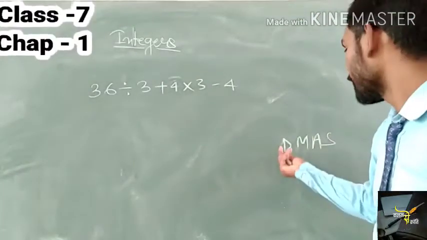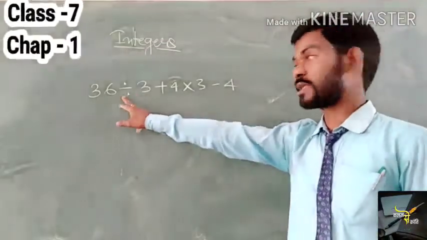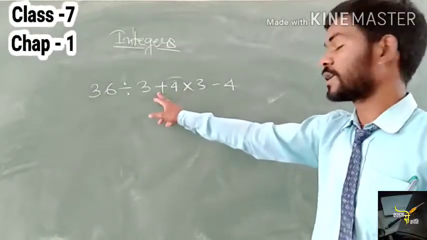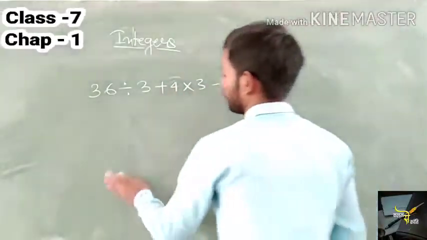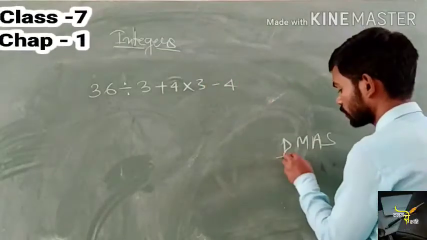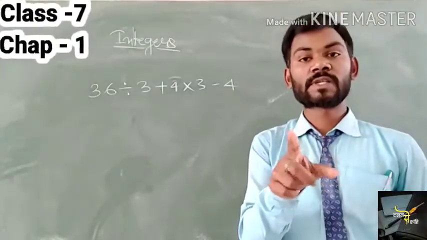We need only D, M, A and S, because here we can see division, multiplication, addition and subtraction. According to this rule, the first letter is D. That means first of all we shall divide.